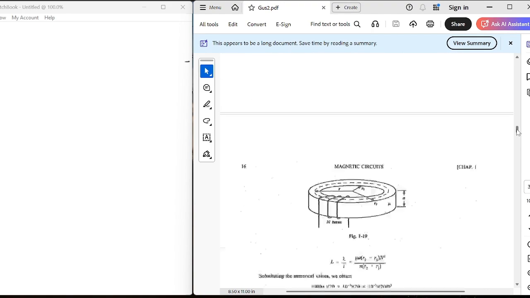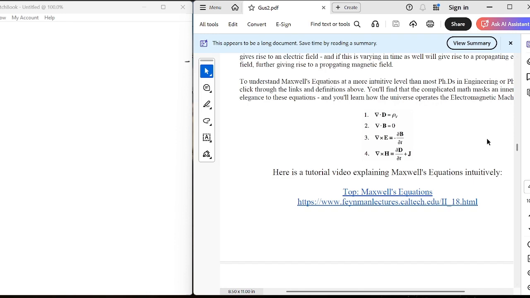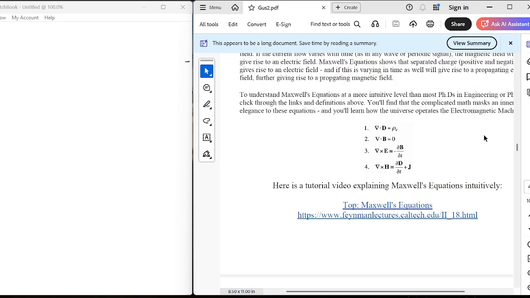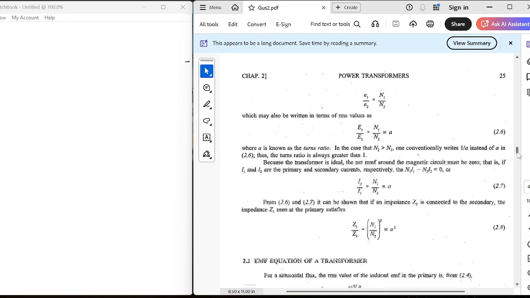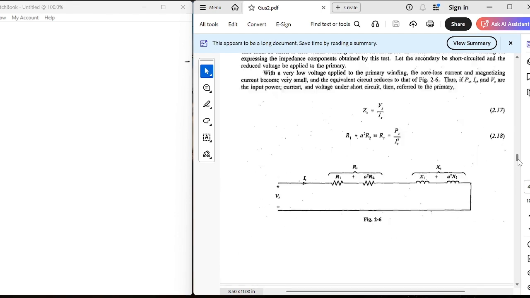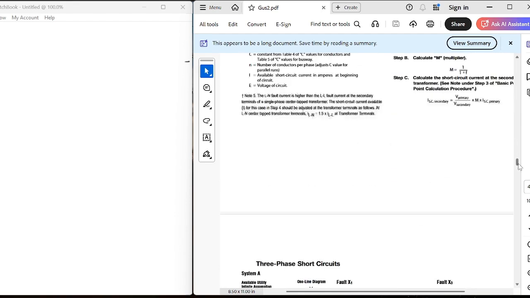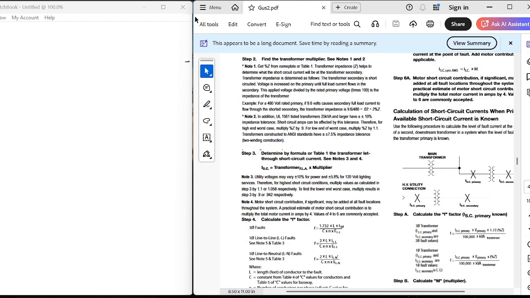When we got into these, there's Maxwell's equations. I finally put them in, but the transformer area where we looked at this, I found the other day, and this is very good.